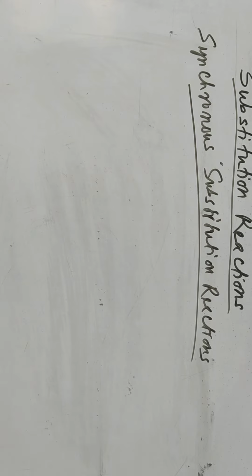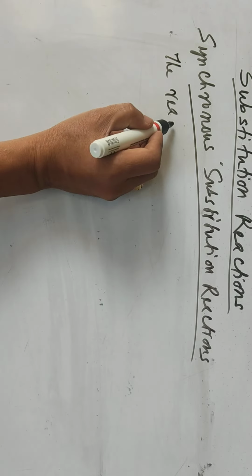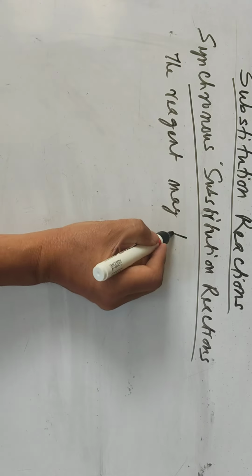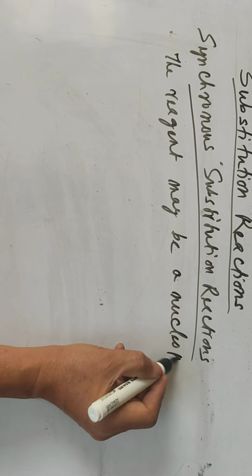So this is a concerted system, and here you can have two types. If the reagent is a nucleophile, then we have nucleophilic substitution reaction. If the reagent is an electrophile, then we have electrophilic substitution reaction. So for the system of synchronous substitution reaction, the reagent may be a nucleophile, and you can say it is a nucleophilic substitution reaction.